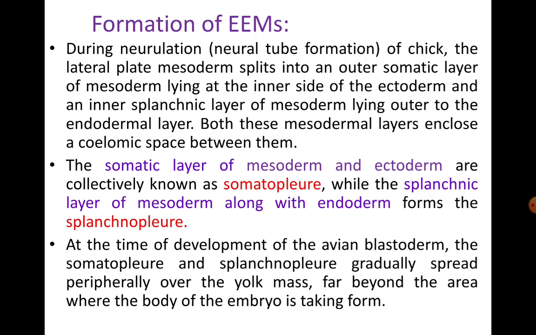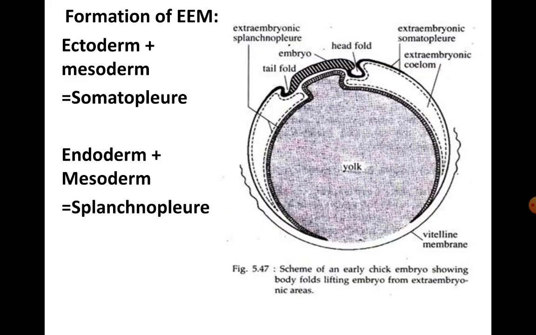Now this somatic layer of mesoderm and the ectoderm is collectively called somatopleure, while the splanchnic layer of mesoderm along with the endoderm forms the splanchnopleure. Now during the development of this chick embryo, both the somatopleure and the splanchnopleure gradually spread peripherally over the yolk mass and assist the developing embryo.